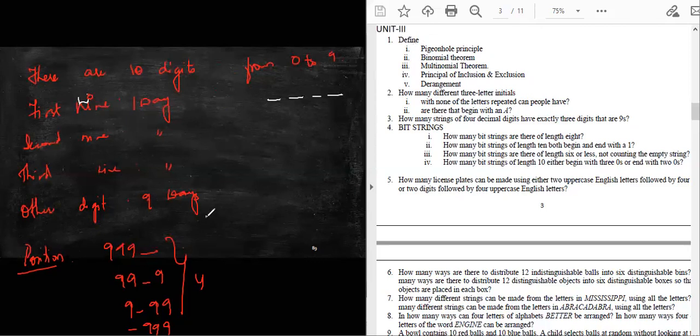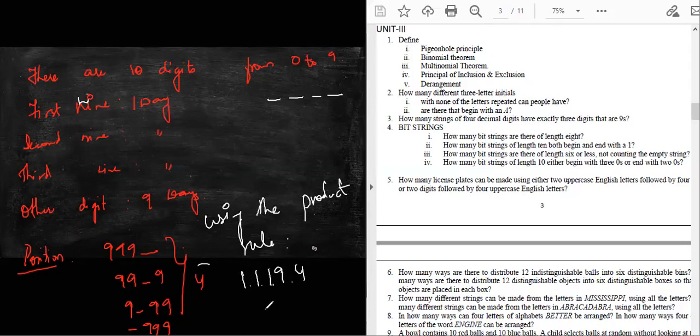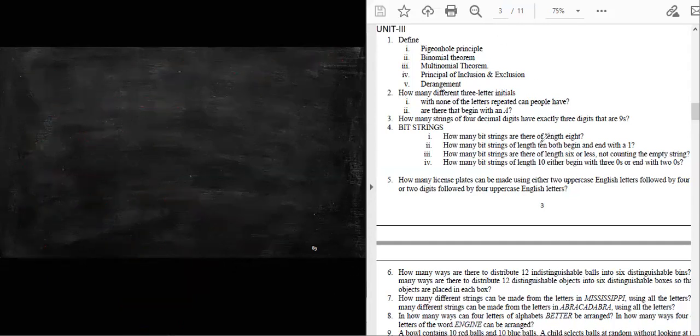After that, you can write that using the product rule, the solution will be 1 into 1 into 1 into 9 into these 4 ways. So totally 36 strings will exist of 4 decimal digits which will have exactly 3 nines.